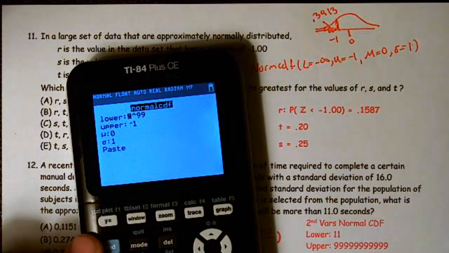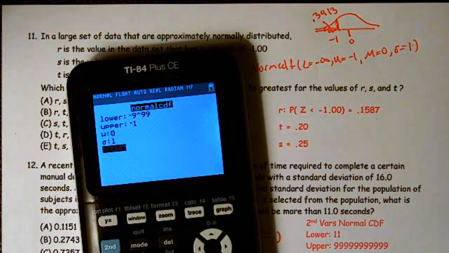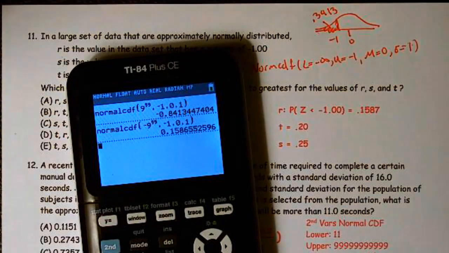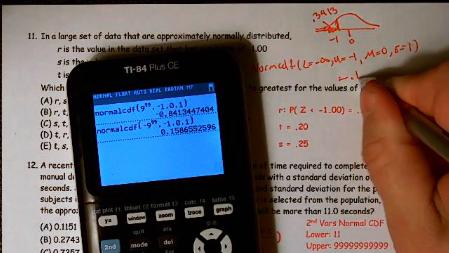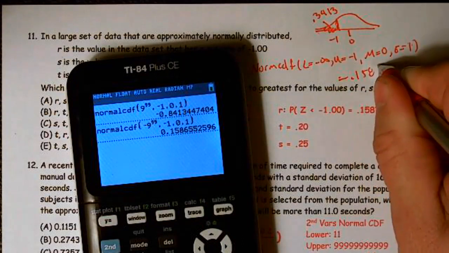I'm having trouble. -9.99. There we go. Make sure you have the negative sign in there. And so we end up getting a value of 0.1586. I knew I had a problem as soon as I had that negative value. I can't have negative probabilities.